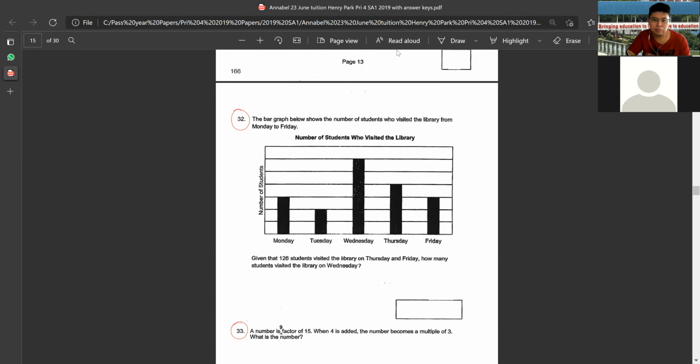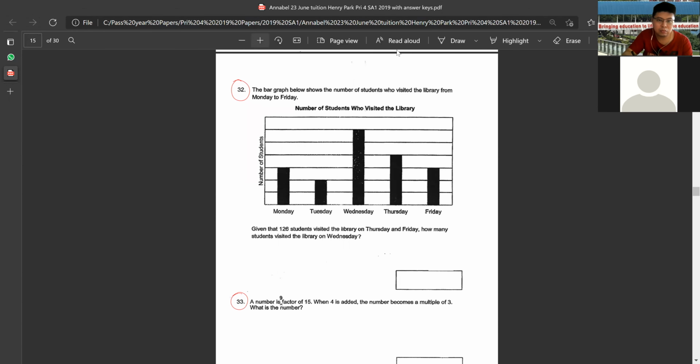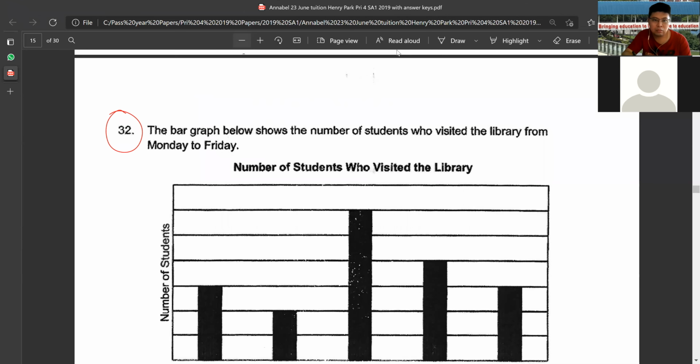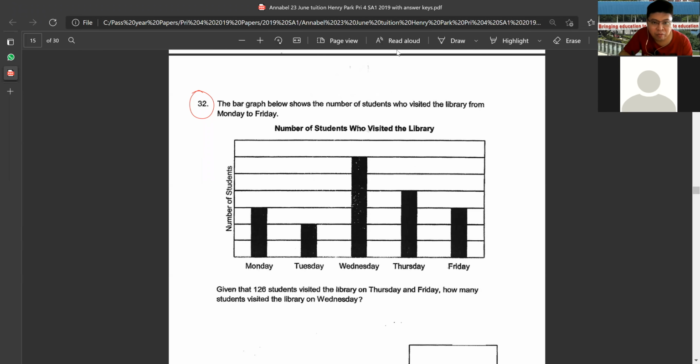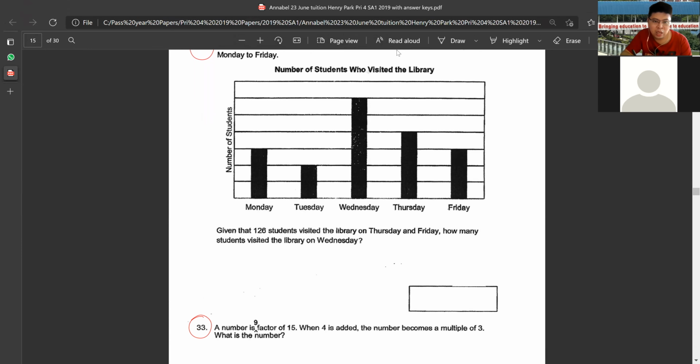Okay, 32. The bar graph below shows the number of students who visited a library from Monday to Friday. 126 students visited a library on Thursday and Friday. How many visited on Wednesday? So you count Thursday and Friday, how many gaps are there?